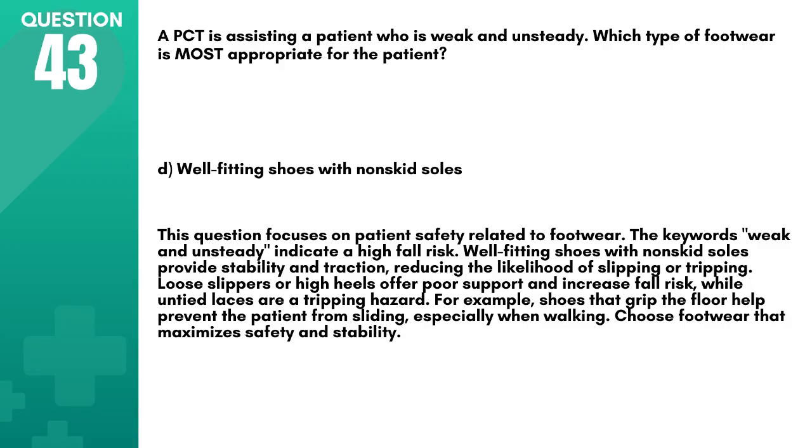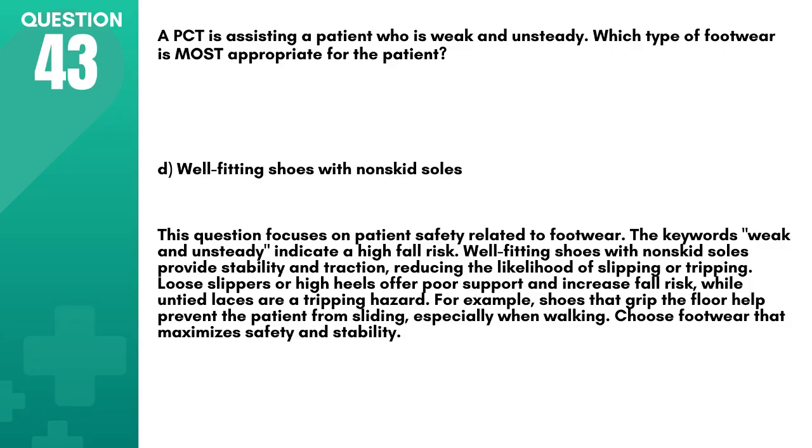Answer: C. Squat pivot transfer using a gait belt. This question assesses the PCT's knowledge of safe patient transfer techniques based on patient ability. The keywords "bear some weight but unsteady" suggest the patient needs assistance but can participate. A squat pivot transfer with a gait belt allows the patient to help push up while the PCT supports and guides them, using legs and the belt for stability.